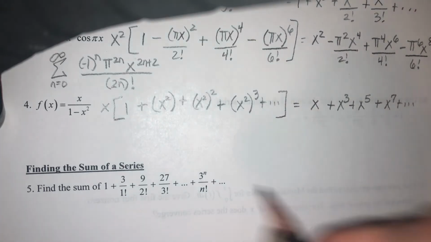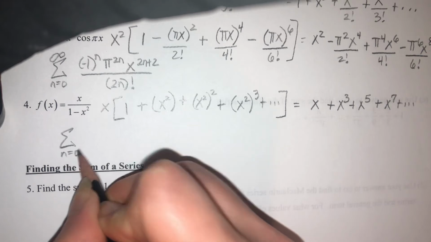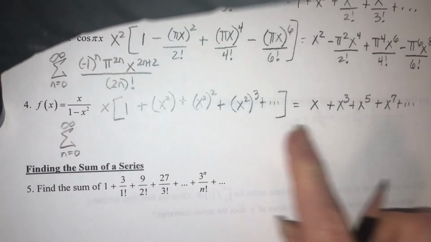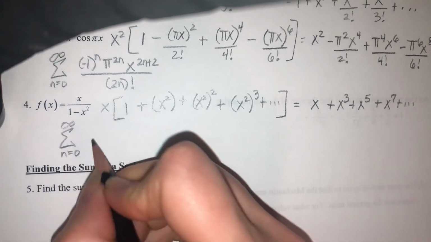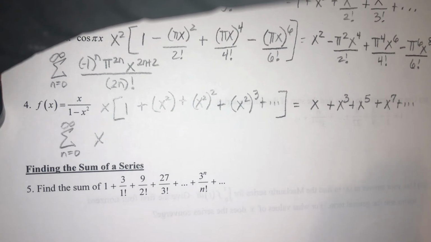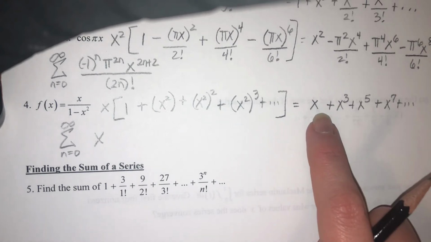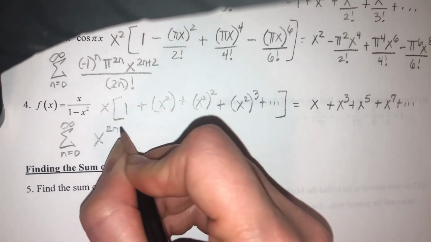Now I need to write my general rule in summation notation for this series. All I have is x raised to odd powers starting with 1. If n is 0 to start, then it would be 2 times n plus 1.